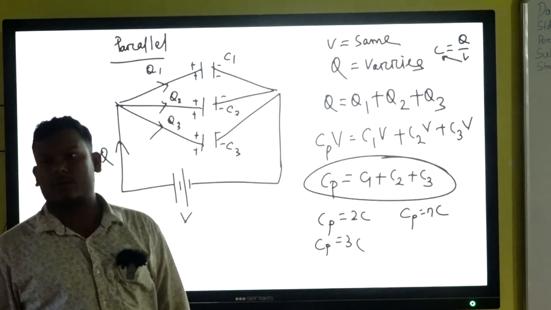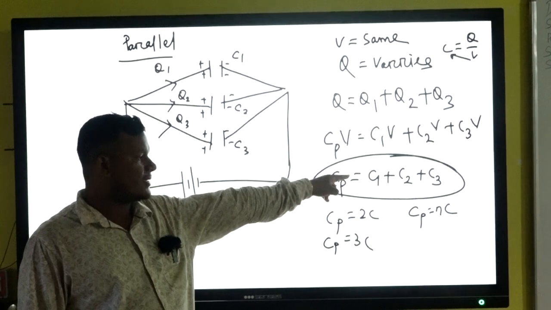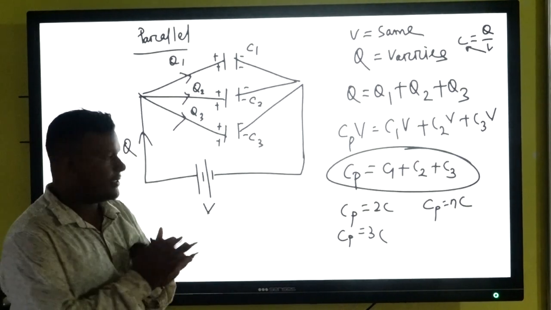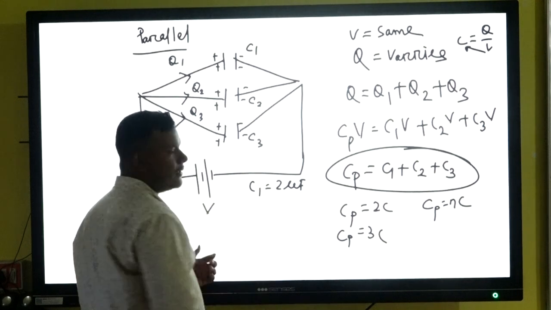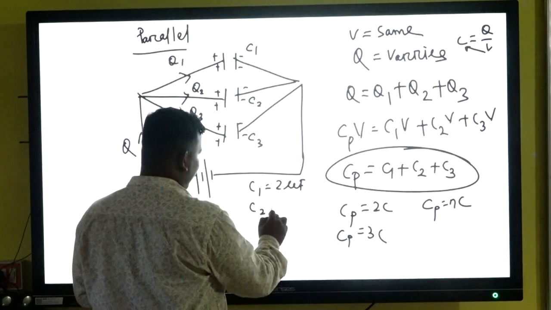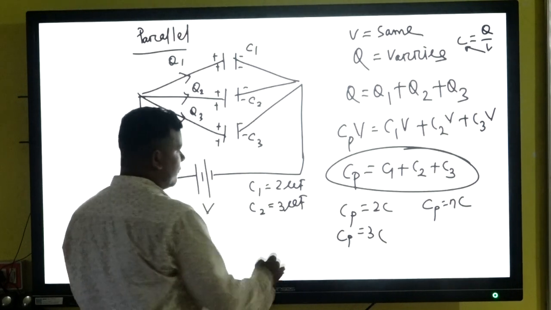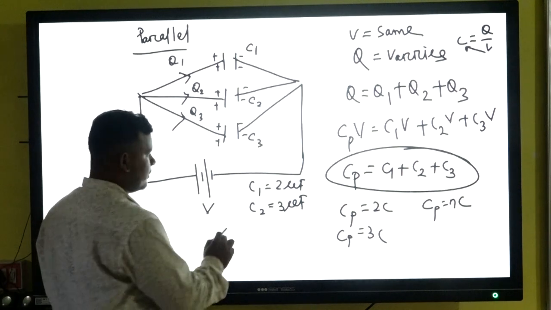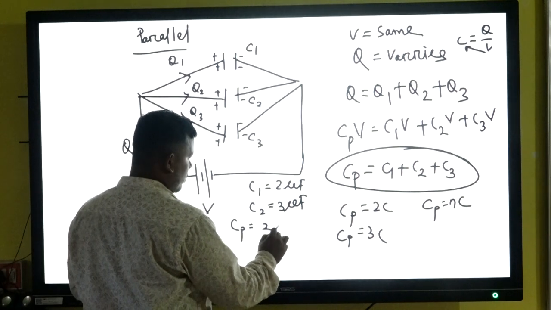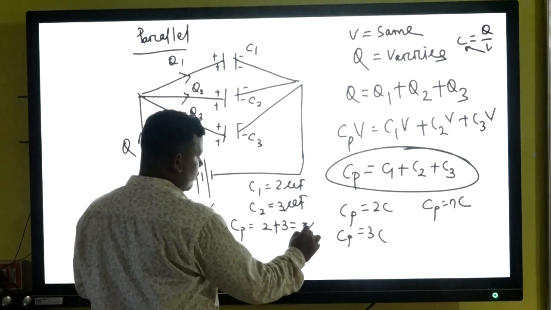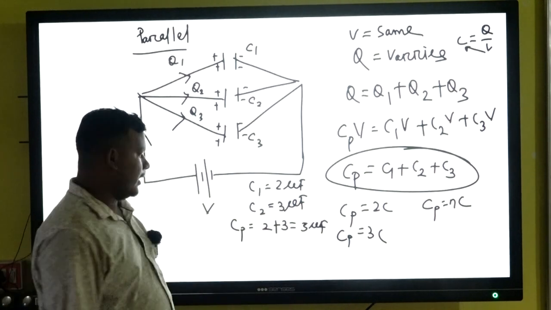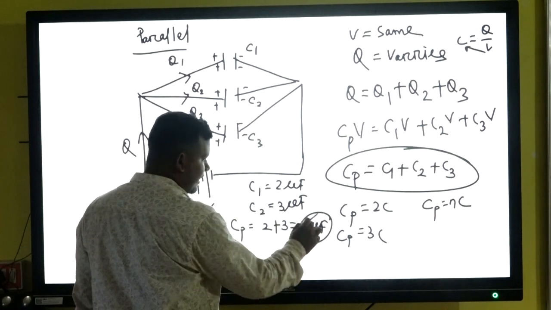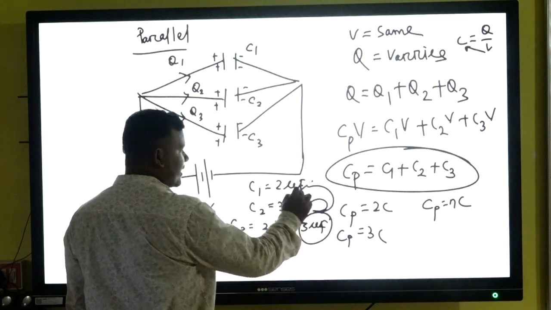And one property of this parallel combination is, let one capacitance be 2 microfarad and the other capacitance be 3 microfarad. If I get the total in parallel combination, then it will be 2 plus 3, the answer will be 5 microfarad. Farad is the unit of capacitance, and this value is greater than 3 and also greater than 2.